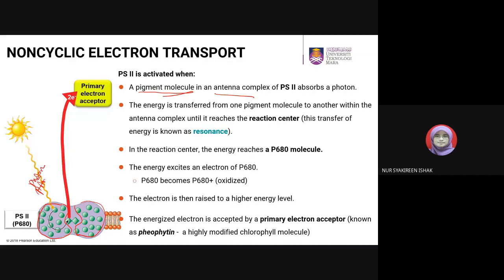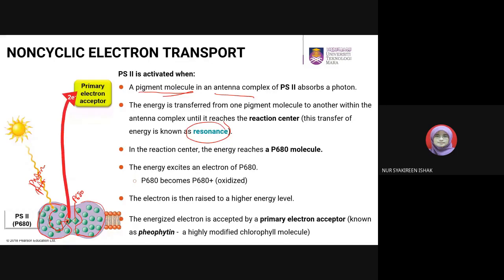The energy will be transferred from one accessory pigment to another accessory pigment until it reaches P680, the reaction center of photosystem 2. So the energy is transferred from one pigment to another within the antenna complex until it reaches the reaction center. The process of transferring the energy is called resonance.